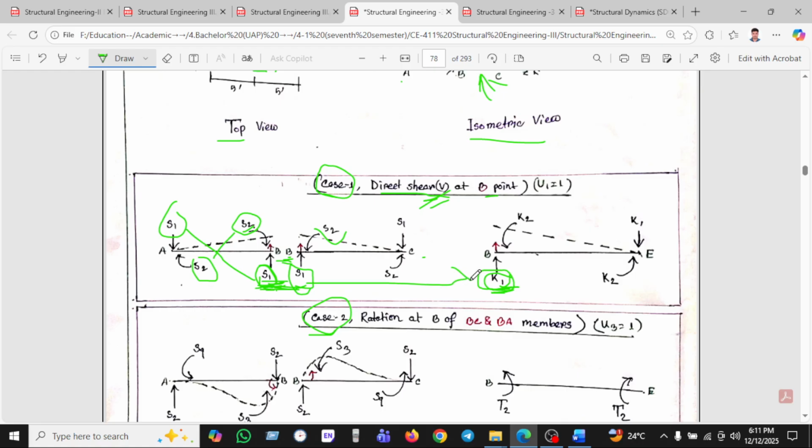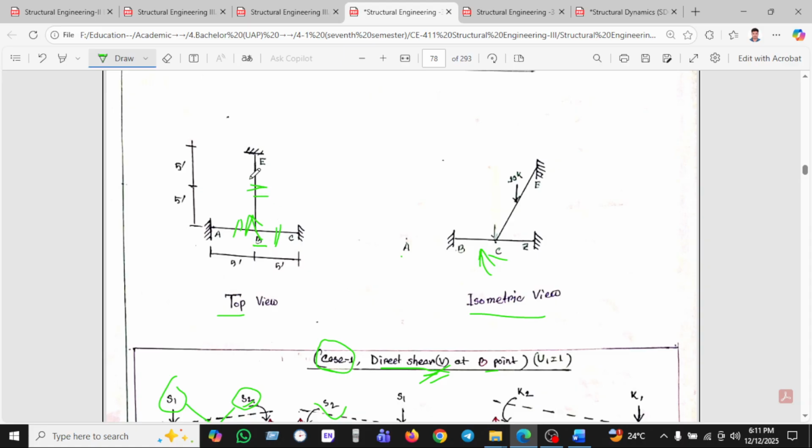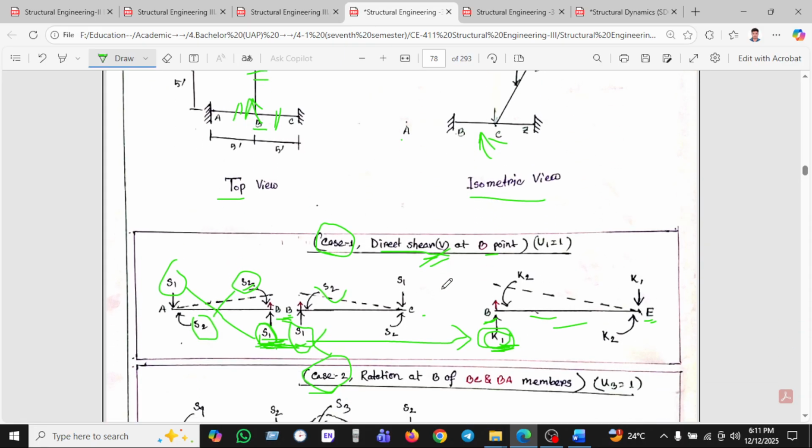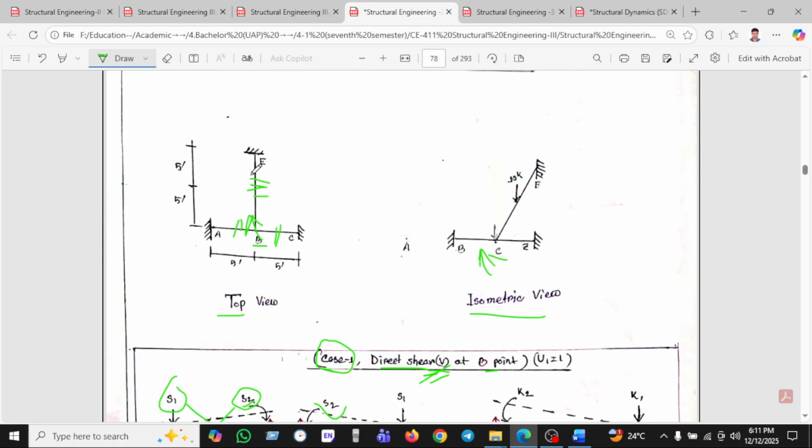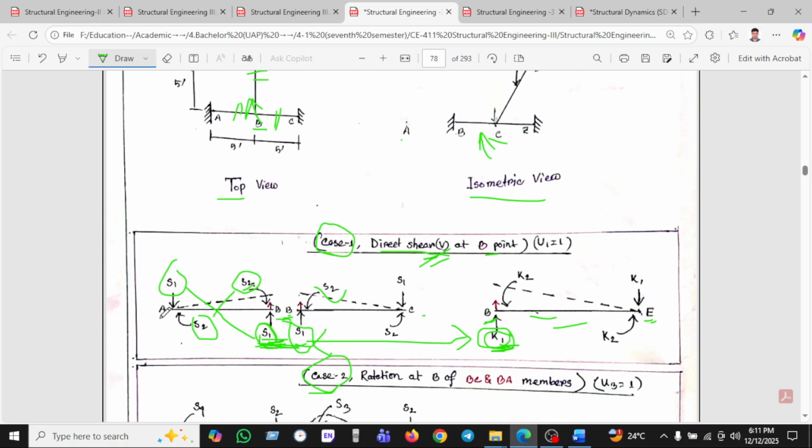We just change the name because this is the BE portion. AB and BC portion we renamed S1, and that's why we are changing the name for BE to K1. Okay, this is not an issue.